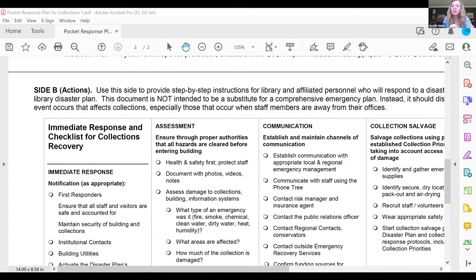Let me just go back to this and give you some more hints. So you're going to pick your 2 or 3 emergencies and use the manual.